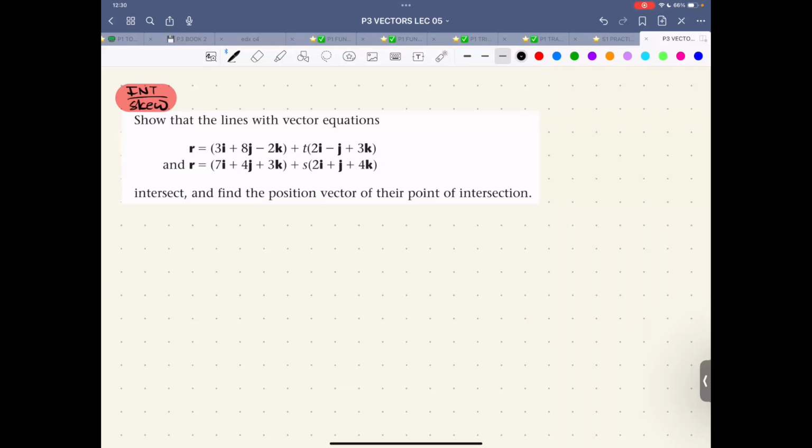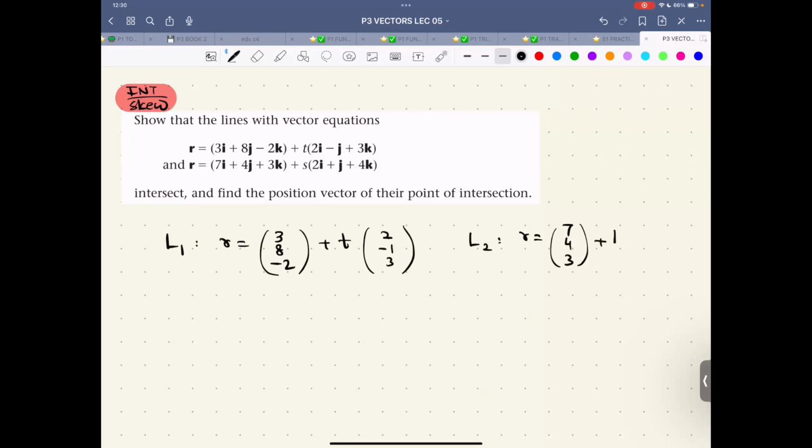So it says show that the lines with vector equations intersect and find the position vector of the point of intersection. Line 1, r equals (3, 8, -2) plus t multiplying (2, -1, 3). And line 2, r equals (7, 4, 3) plus t multiplying (2, 1, 4).